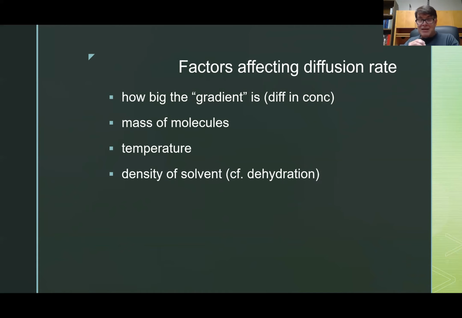The density of the solvent. If we don't have a lot of water, then the more dense the solvent, it's crowded. I'm trying to get in, but I can't get in because the liquid is too dense. I can't get out. The liquid is too dense. So the denser the solvent, the slower the diffusion rate.